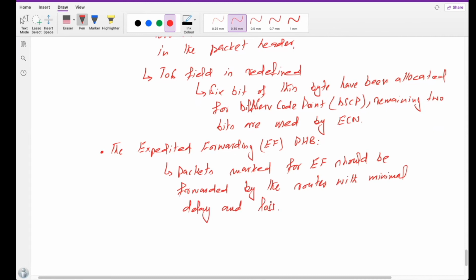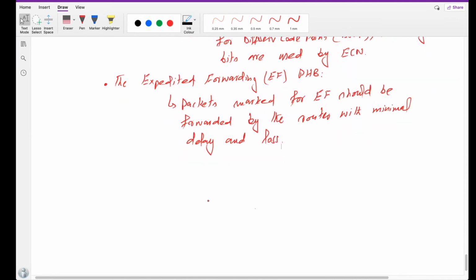So what do you think are the possible implementation strategies to achieve this? How will a router forward the packets marked expedited forwarding with minimal delay and loss?